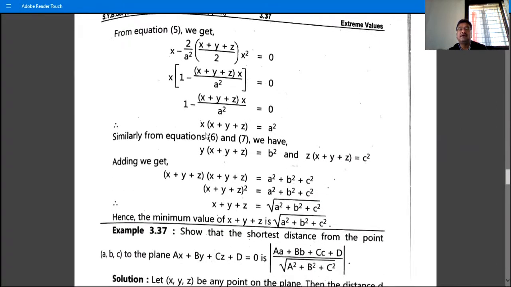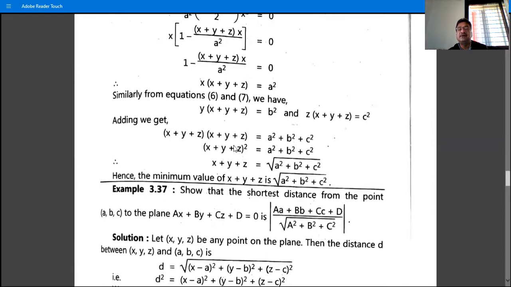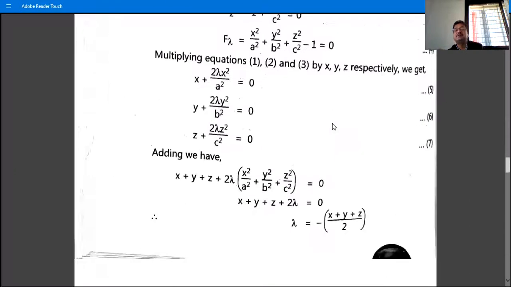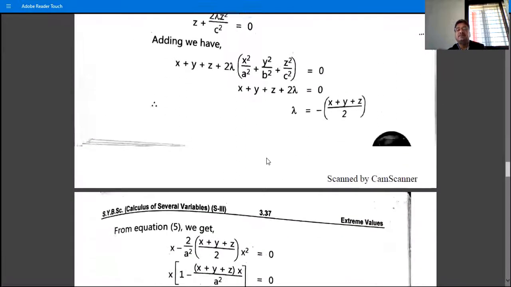We have x in brackets, x plus y plus z is equal to a square, and then adding all these equations, we have x plus y plus z as common, and then x plus y plus z is equal to a square plus b square plus c square, and therefore its square is this, and therefore x plus y plus z is root a square. This is a shortcut to find the minimum value of x plus y plus z.